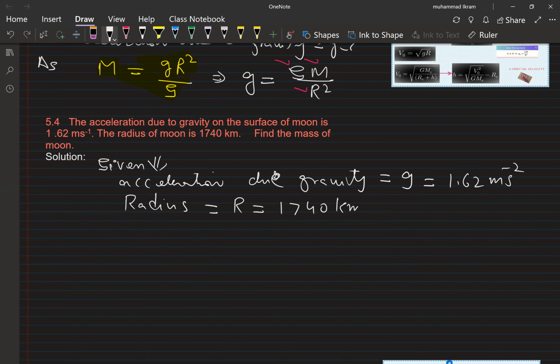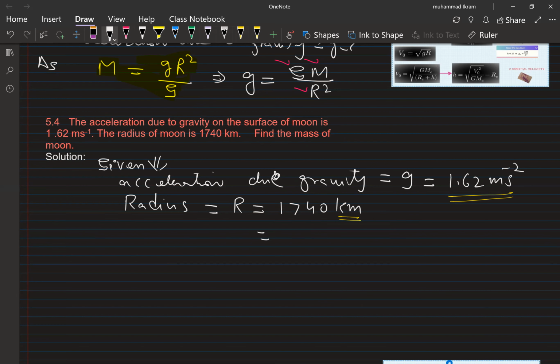So as I told you, now this is the unit consistency checking. Here you see the units are in meter per second square. In case of the radius, it is a multiple unit of the meter. So look, this needs to be changed. Clear?